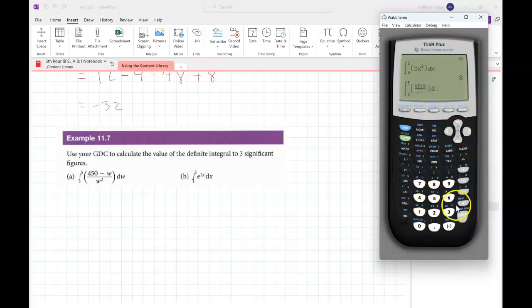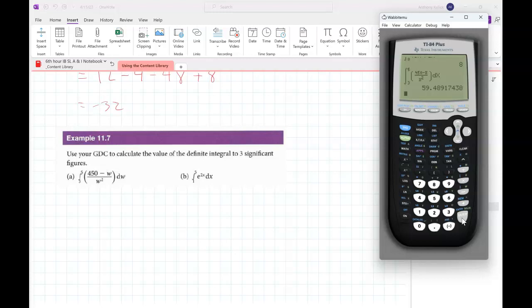So again, whenever you see a definite integral, don't do it by hand. Use your calculator. That is what the IB people want you to do. They don't want you to do it by hand. And look at that goofy decimal we get there. That is okay.